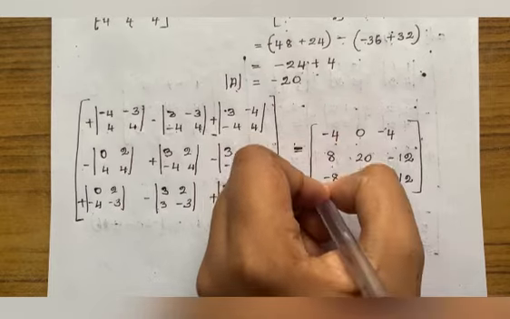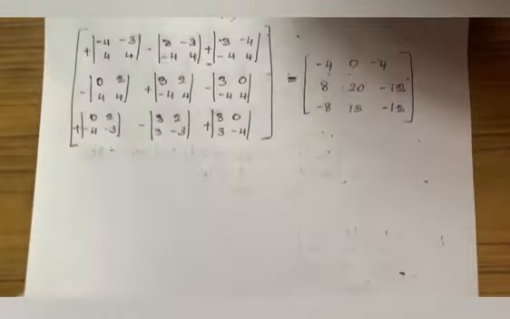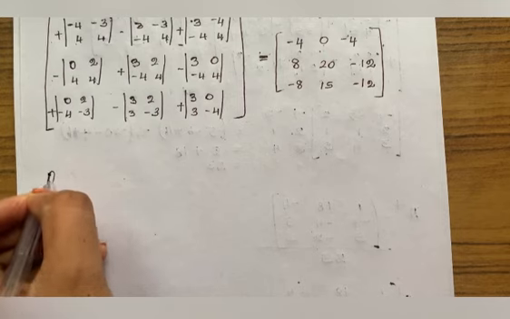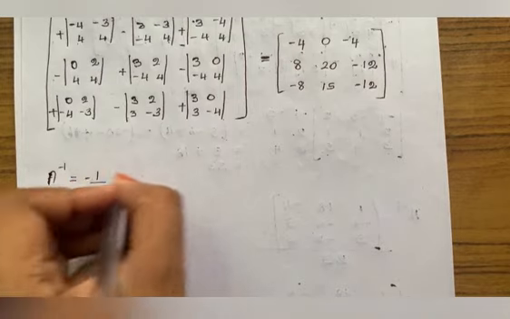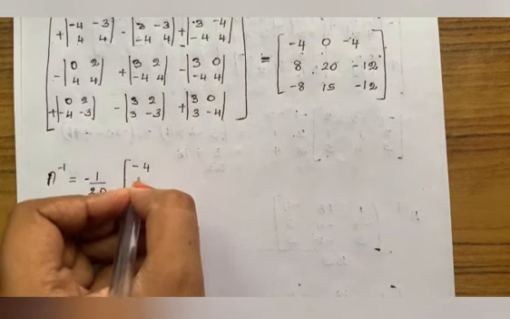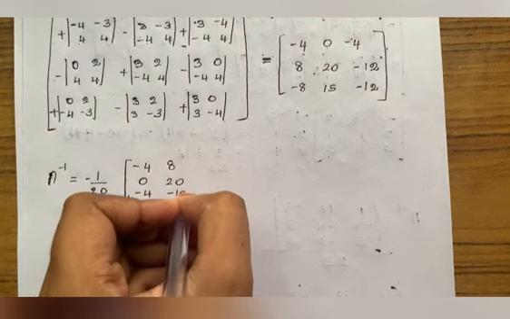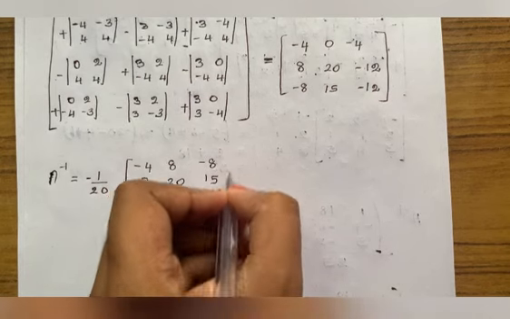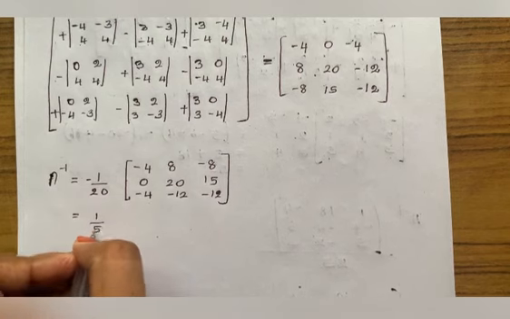So these are our cofactors, and the adjoint would be the transpose. So now I'm going to write it in the normal way: 1 over determinant minus 20, and the adjoint would be minus 4, 0, minus 4 as a column, and 8, 20, minus 12 as the second column, and minus 8, 15 and minus 12 is our third column. So multiply every element by minus 1 over 20.